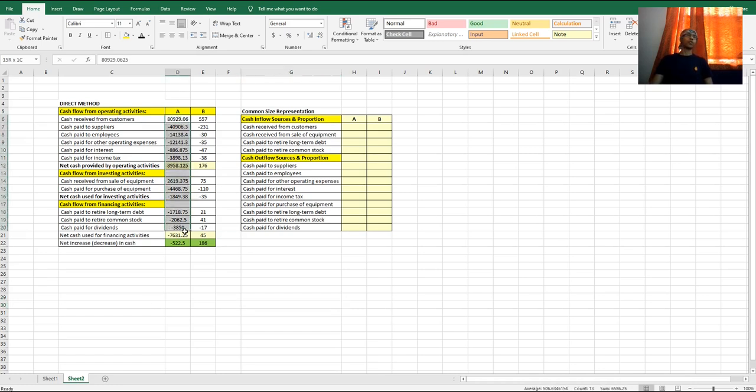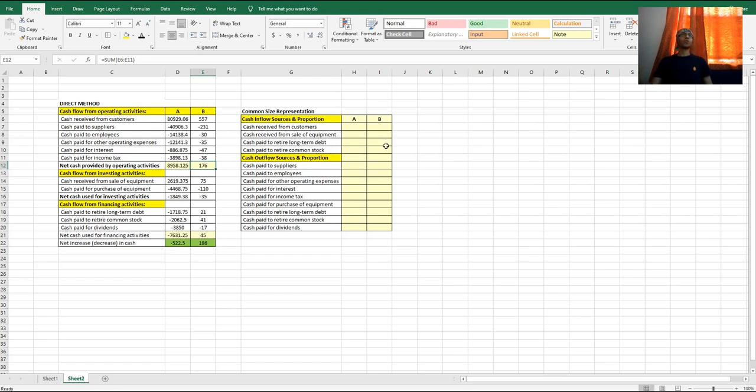For example, cash received from customers is 80,929 million for A, and for B it is 557 million. So there is a lot of difference in terms of scale and size, right? So in such a case, how do we compare between the two? Obviously friends, there is a way to do that.